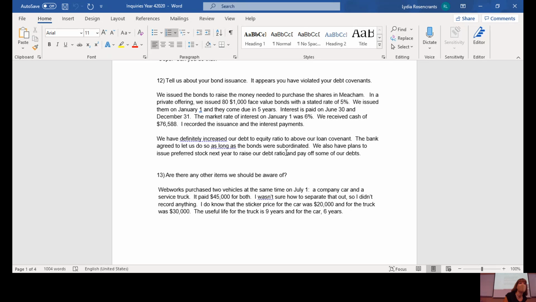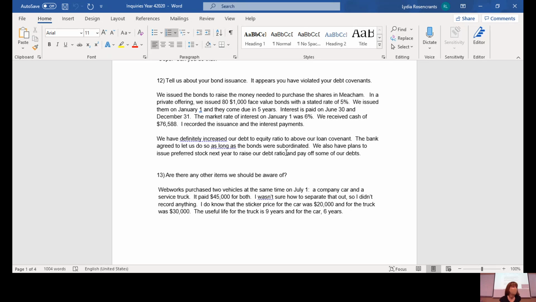I will record bonds payable at $80,000, and that I will pay back $80,000 at the end of the life of the bonds, and that the stated rate of interest that cannot be changed is 5% annually. So whenever you see an interest rate, it should be an annual rate.